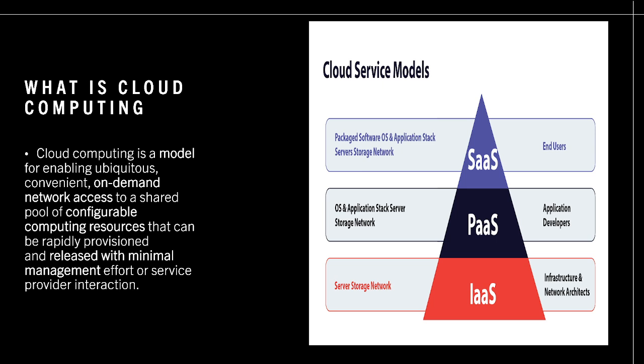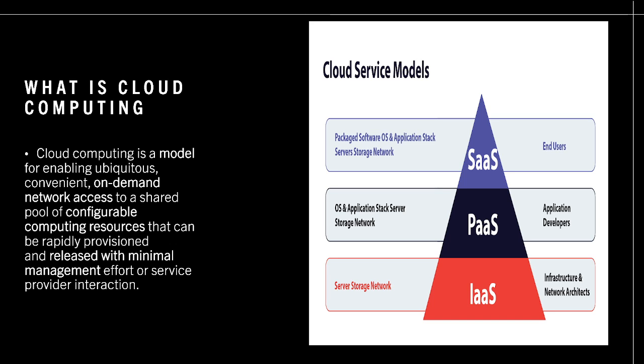There are three models, or cloud service models. The first one is infrastructure as a service, the second one is PaaS, and the third one is SaaS.